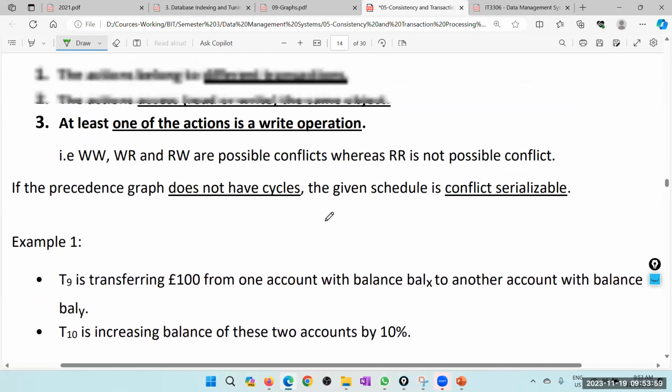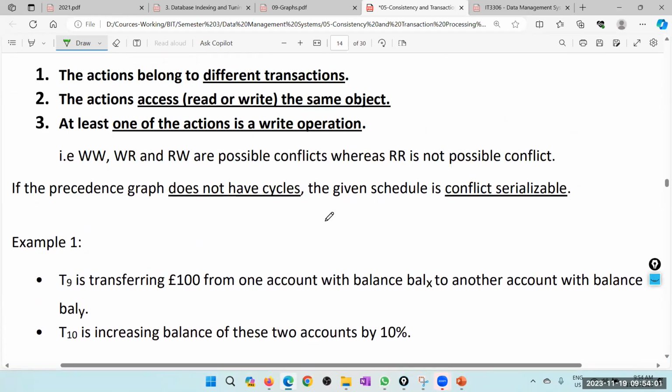Right. So let's remember, finding a conflict serializable schedule is relatively hard. But when someone gives you a schedule, checking whether it's really conflict serializable or not is not that hard. So what we are doing is the easier thing, not the harder thing. Of course, the harder thing was also in your syllabus when the subject was in semester 5.